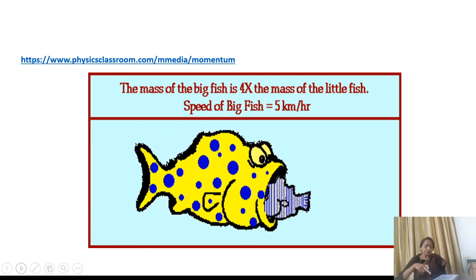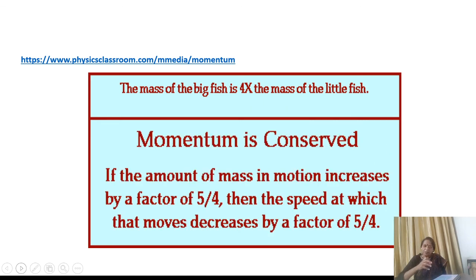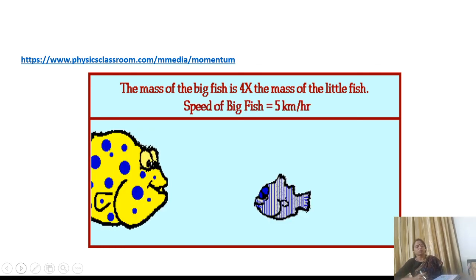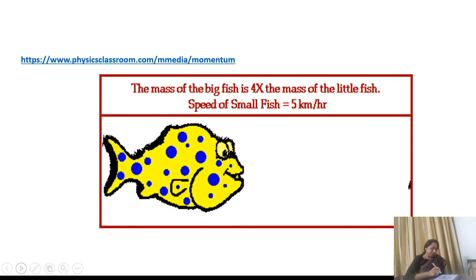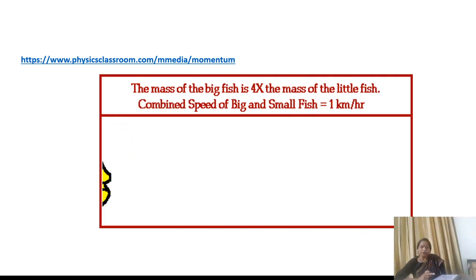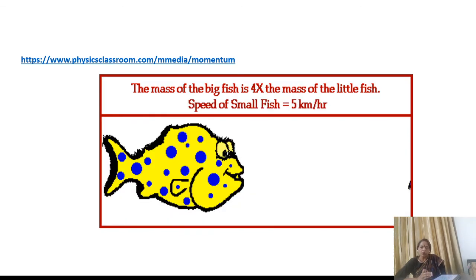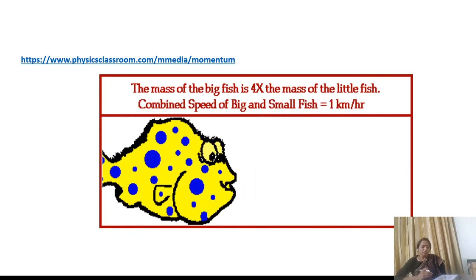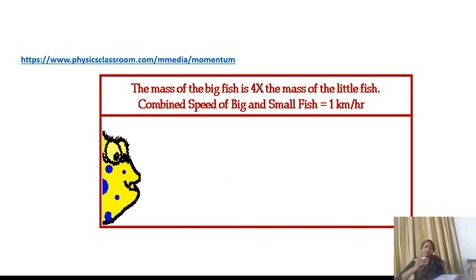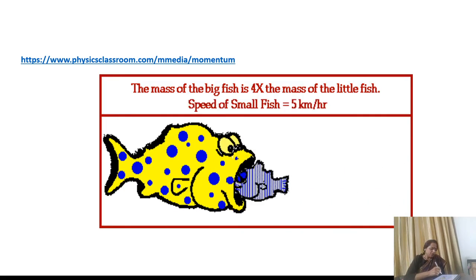But as the bigger fish eats the smaller fish, their mass will be increased, but corresponding velocity will be decreased, and therefore the momentum will be conserved. Similarly, in the next sheet you can see that the bigger fish was at rest and the smaller fish was in motion, but when the smaller fish goes into the mouth of the bigger fish, that will start moving in the same direction in which the smaller fish was moving, and again the mass will be increased but the velocity will be decreased, and so momentum will remain conserved.